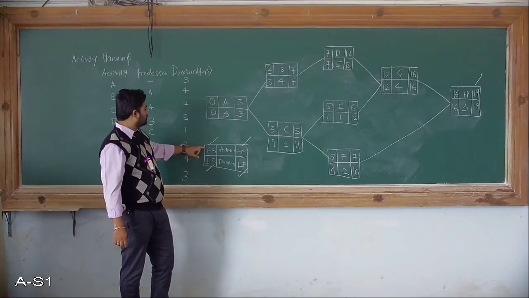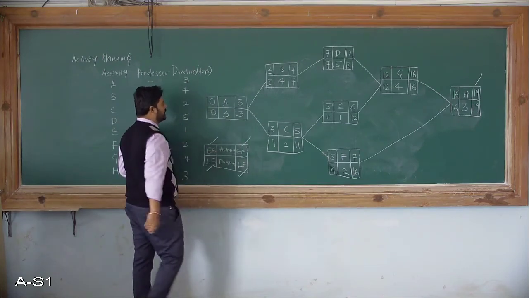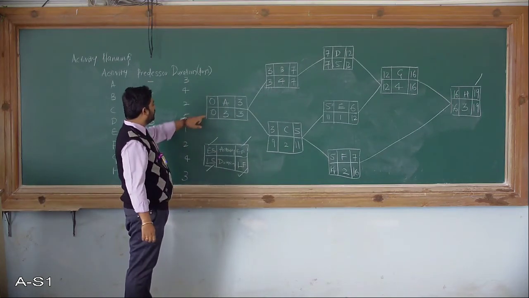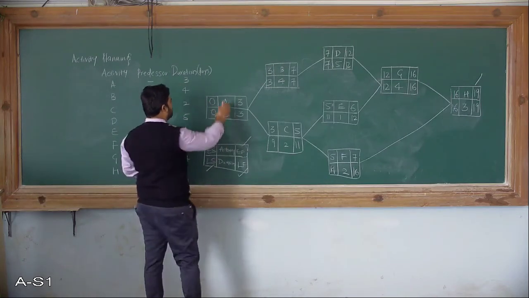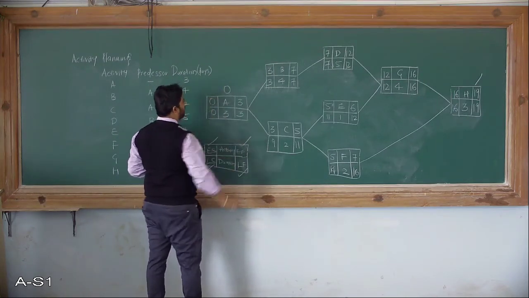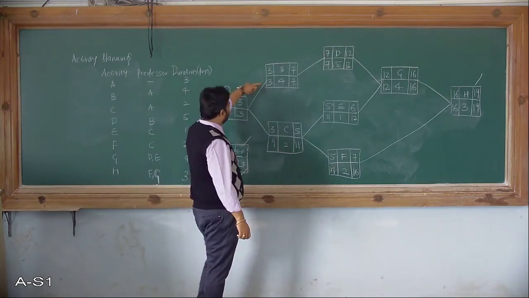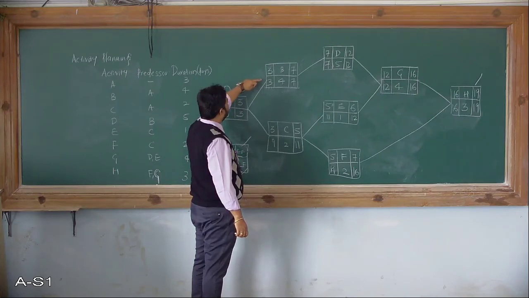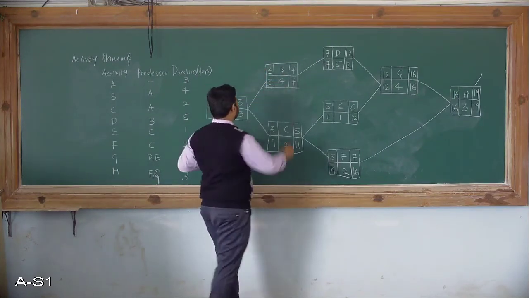The first one is early start and early finish for activity A, that is, the total float. What is the total float? 0 minus 0 is 0. 3 minus 3 is also 0. Let us come to activity B. 3 minus 3 is 0, 7 minus 7 is 0.